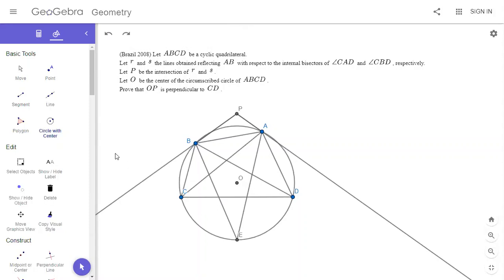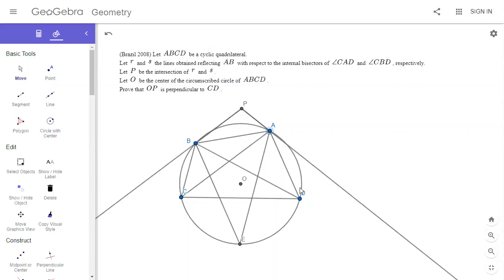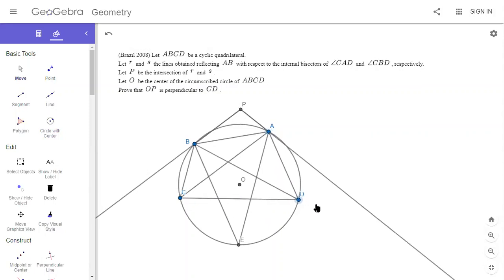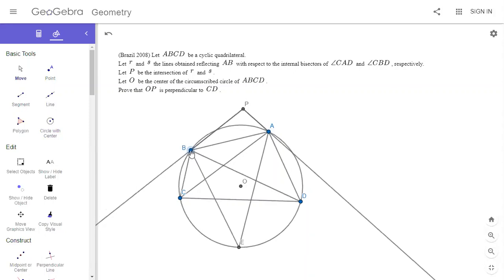So let's see. Another way of saying it is we want to show P, O, and E are collinear. Maybe that's true by like Desargues or something.